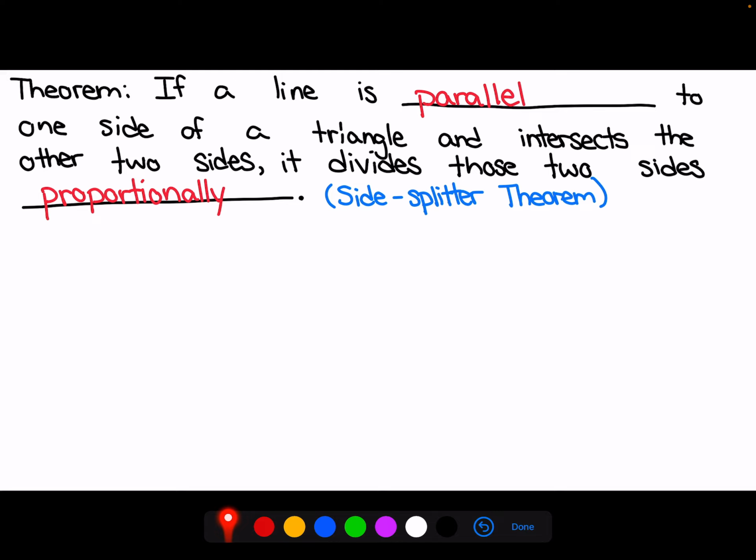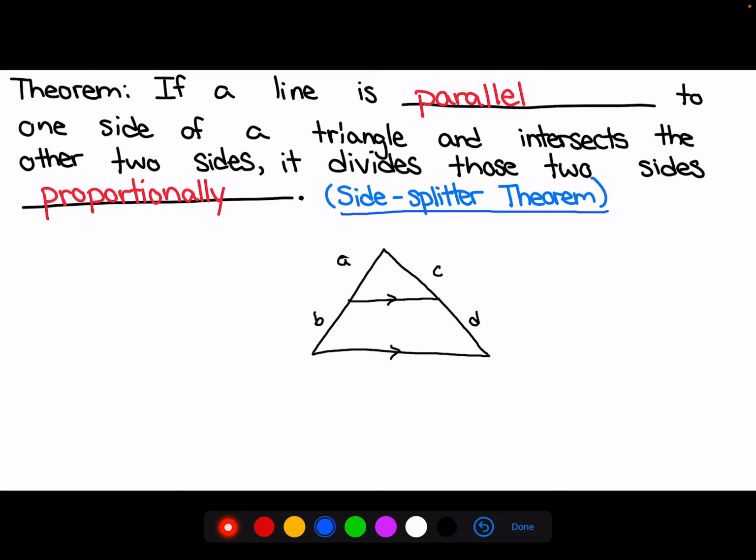So what this allows us to do is split up the sides of our triangle. So if I have a triangle here, two triangles rather, and I see that we have parallel sides, let's go ahead and call this A, B, C, and D, just as random variables. They can be any numbers really. Well, what the side splitter theorem allows us to do is split right through the middle. So I'm splitting down those parallel sides, and I'm splitting right down the middle here.